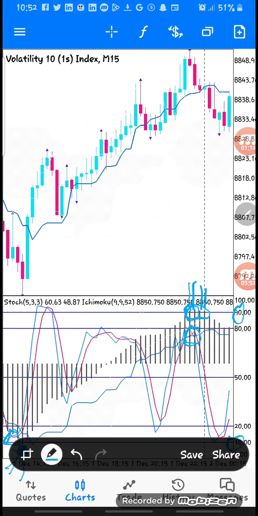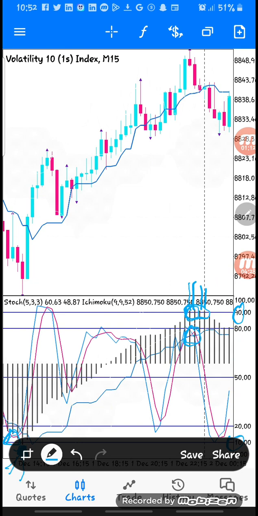Level 90 is overbought and level 10 is oversold. So whenever the MACD stick closes at level 10, it's a buy setup. When it closes at level 90, it's a sell setup. You understand? We're confirming it with a stochastic crossover.